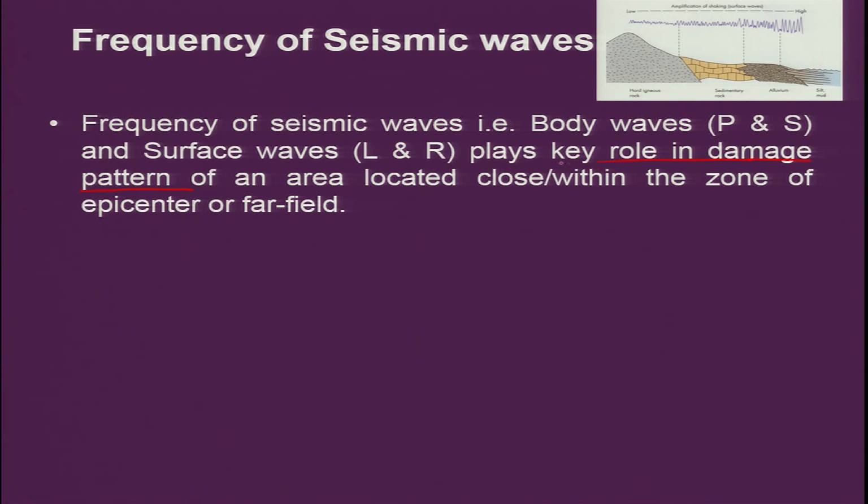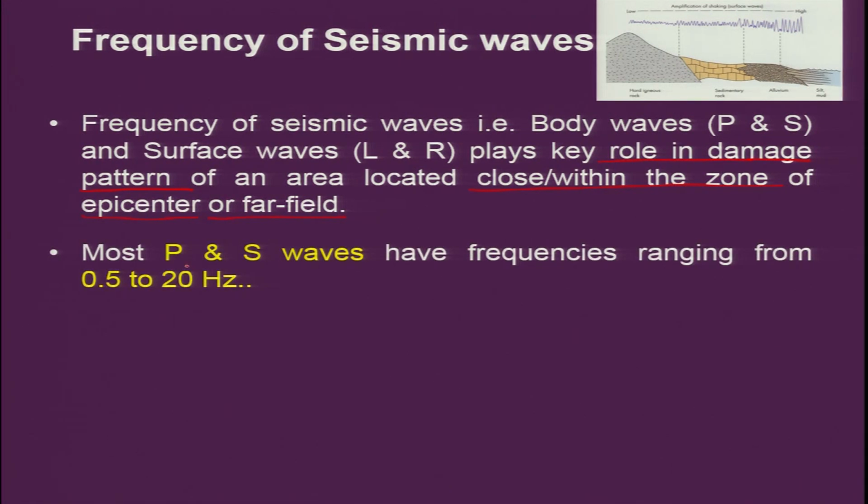Along with the geology, we also have how far the site is located from the epicenter, whether it is close or within the zone, or sitting far away from the epicentral zone.